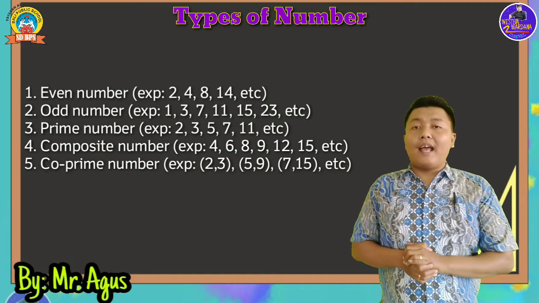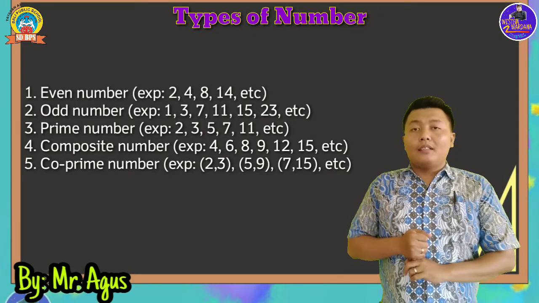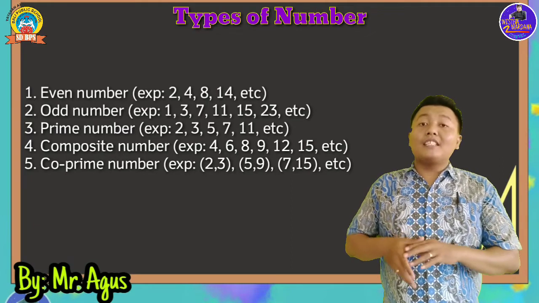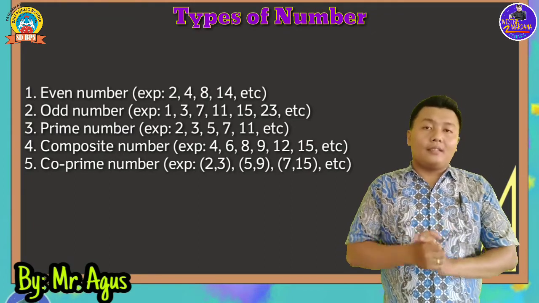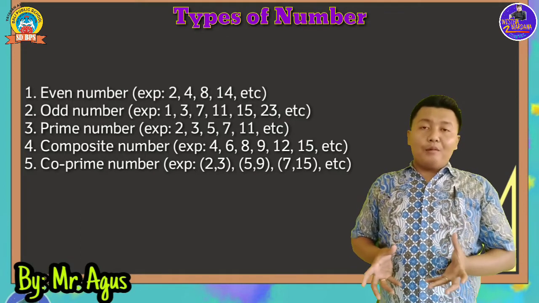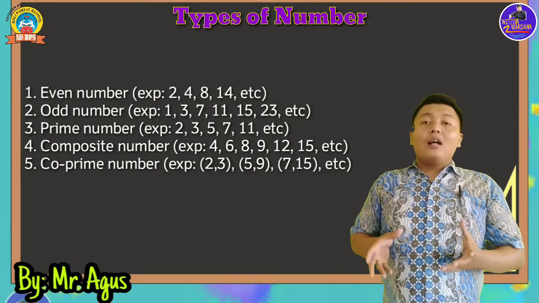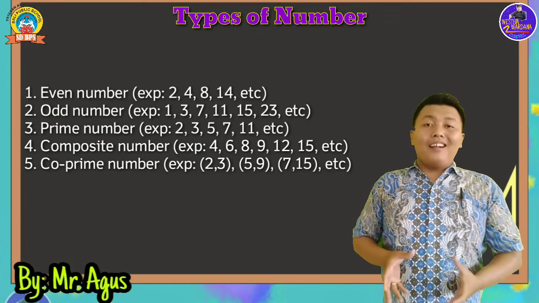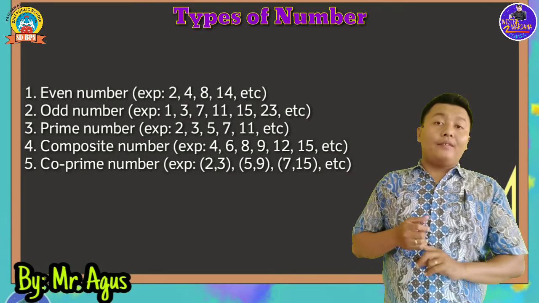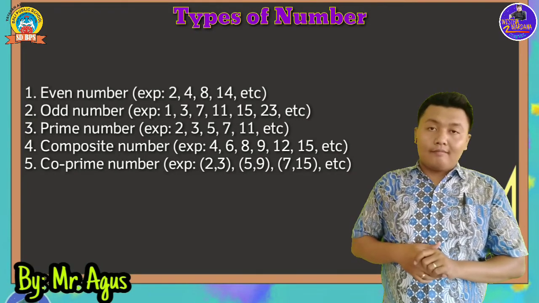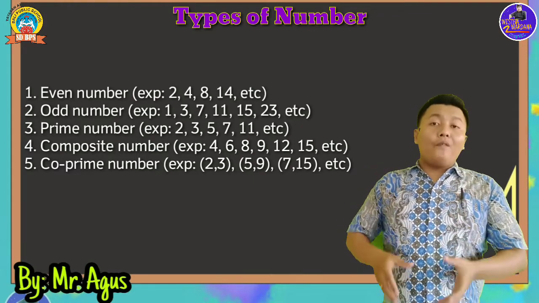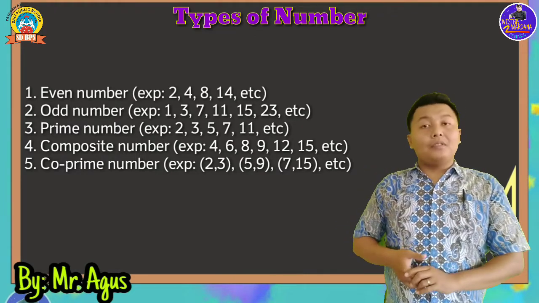If prime number has two factors, then composite number is the number that has more than two factors. The last one is co-prime number. Co-prime numbers are a pair of numbers that have one common factor, and the factor is 1. I already gave examples of each type of number here.